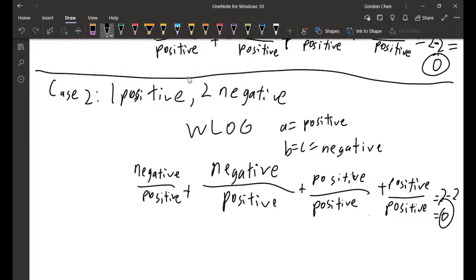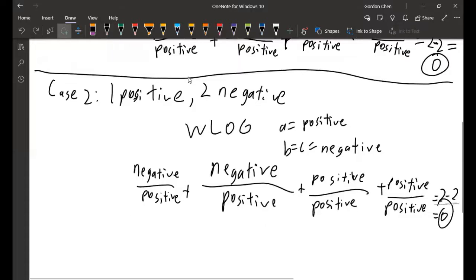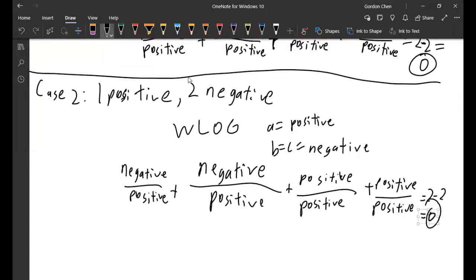So ABC divided by the absolute value of ABC is a positive divided by a positive, which is 1. And B over the absolute value of B and C over the absolute value of C are both negative. So again, we have 2 minus 2 equals 0. And so the only possible values that we have are 0 and 0, which is basically just one value, which is 0. So yeah, 0.